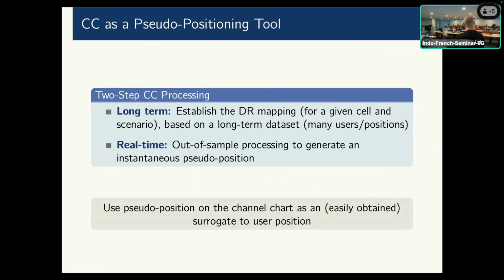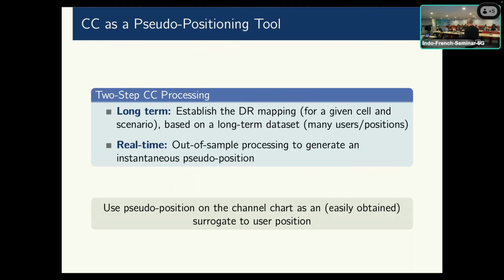For example, you train a neural network, and then you stop training this neural network. But you keep getting new channel state samples, right, in real time. So you can feed these channel state samples in real time to your pre-trained neural network, and what you will see is a pseudo position of the user which is moving in real time on the channel chart.